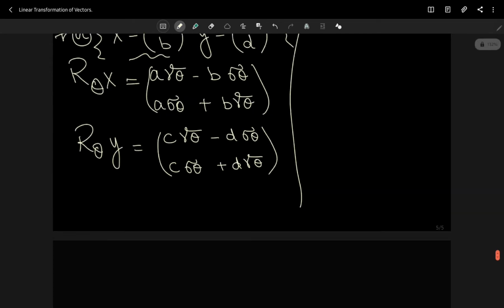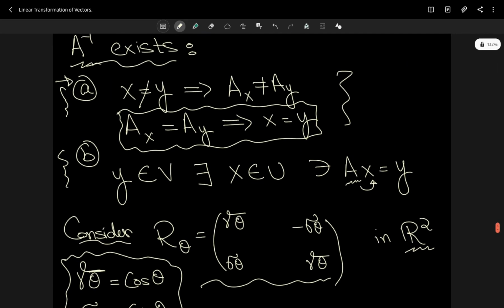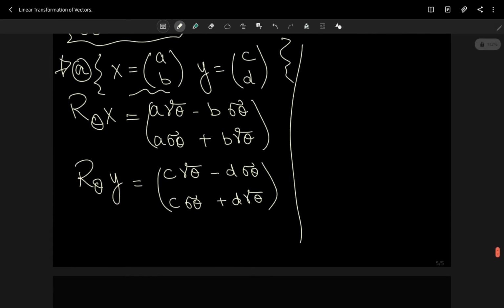So I'm going to use this one, and what that means is I have to equate for my rotation operator: r theta on X is equal to r theta on Y. So let's go ahead and do that.